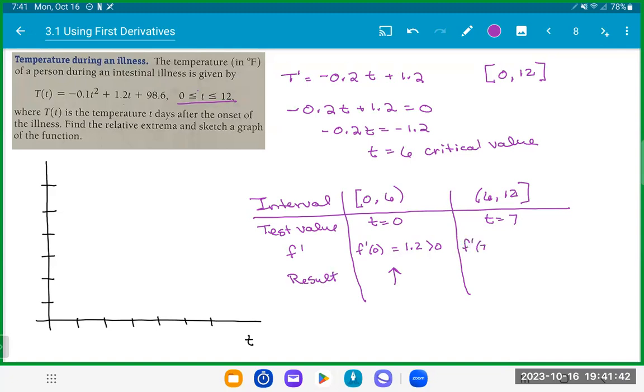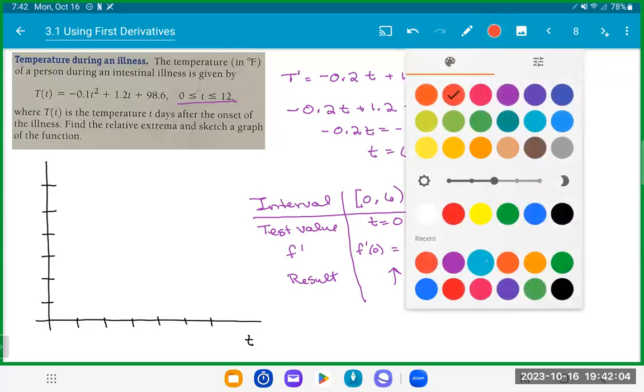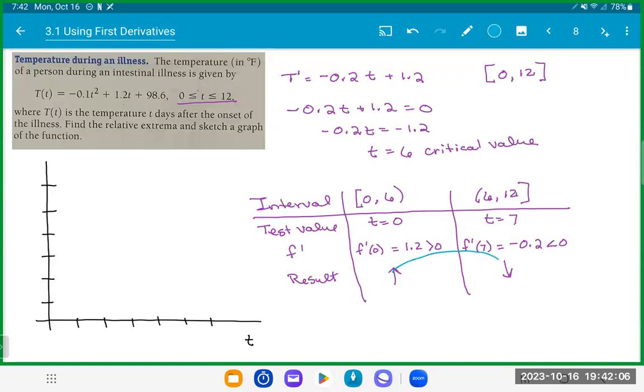F prime evaluated at 7 is going to give me a negative 0.2, which is negative, and therefore we are decreasing. Going from increasing to decreasing, I end up with a relative max at t equal to 6.